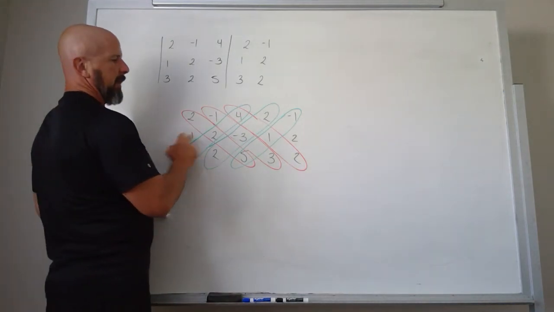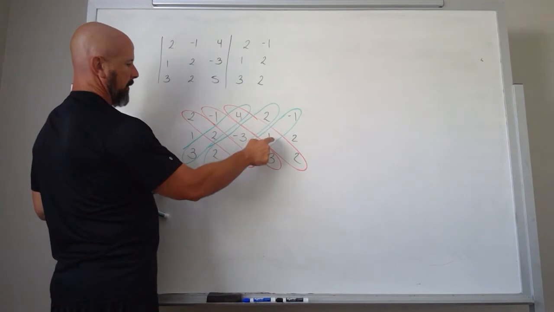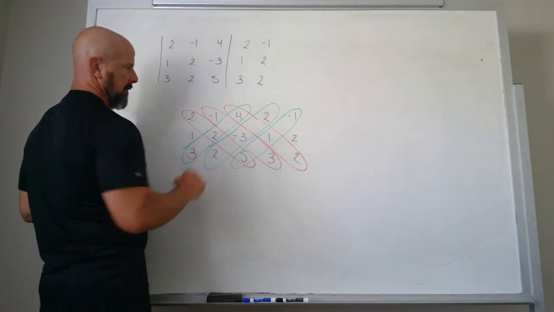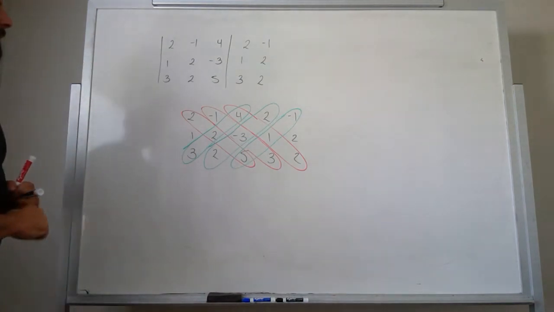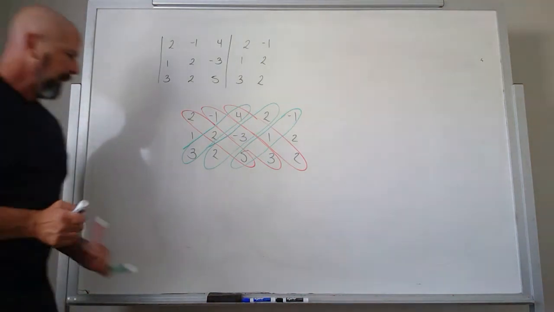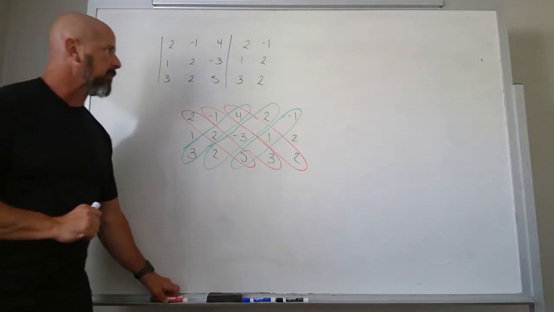I didn't leave this 1 out because it got incorporated over here when I rewrote it. And the same with this 2, it's sitting right in here for that piece. So basically the red, since it's moving down to the right, plus, plus, plus. The green, minus, minus, minus. That's our pattern that we're going to do. Right? So I'll just leave that there. We can kind of follow those pieces.